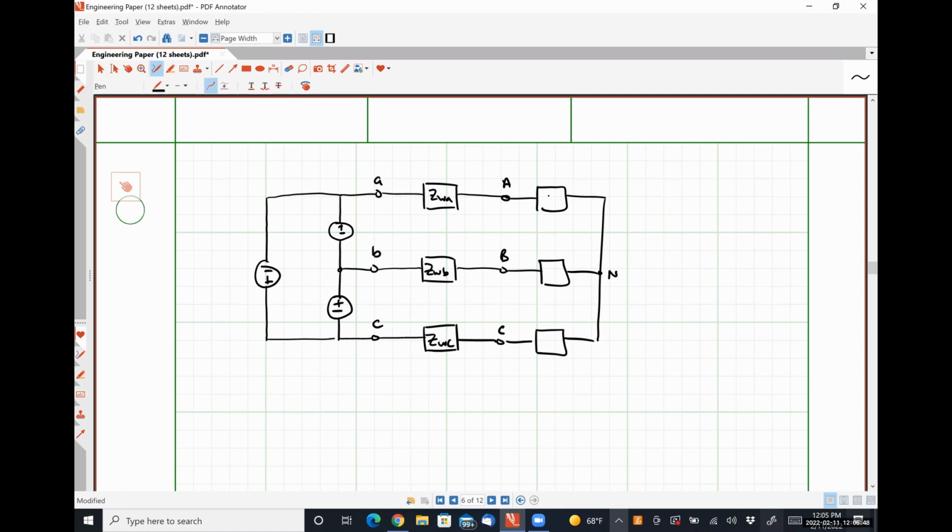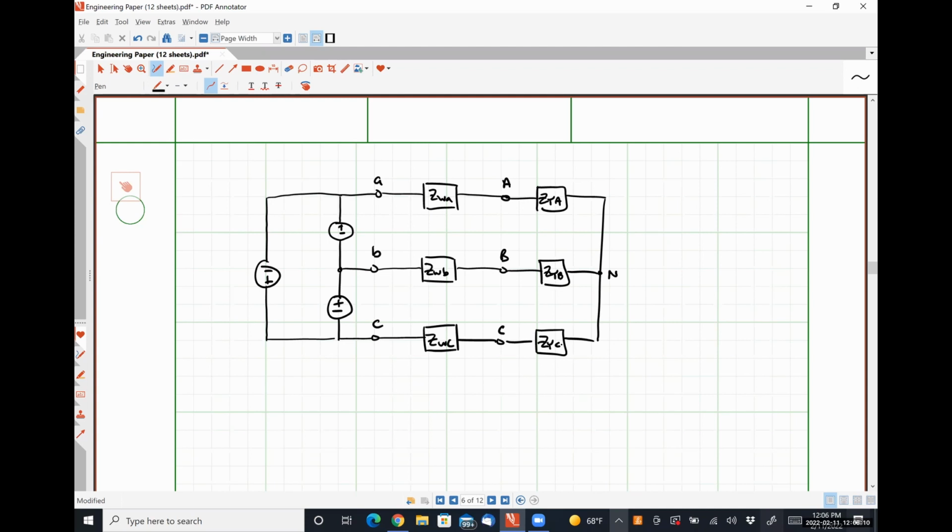So if all three of the quantities are tied together at one node, it's definitely a Y. Okay. I'm going to call this ZYA, ZYB, ZYC.